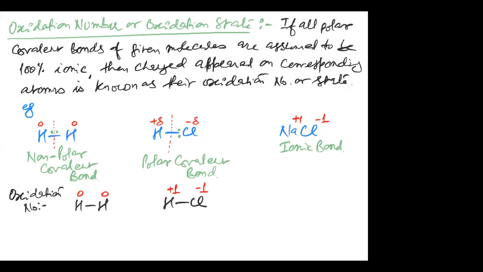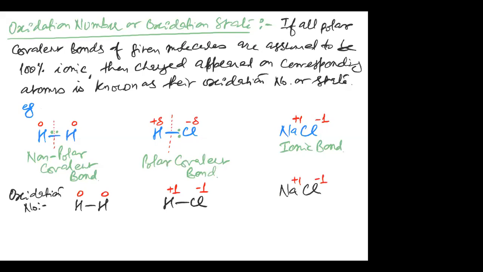So if you imagine the bond between H and Cl to be 100% ionic, hydrogen acquires +1 and chlorine acquires -1 charge. In the case of NaCl, this bond is already ionic, containing +1 and -1 oxidation numbers.